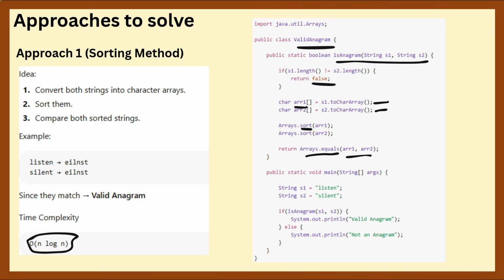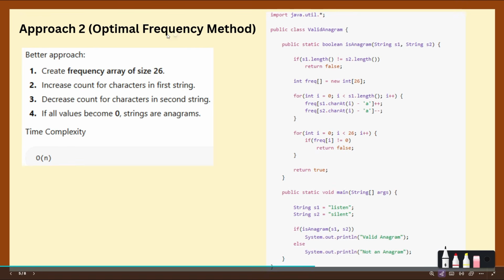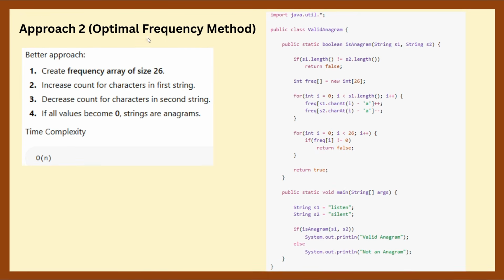Now let's see which is the best one. This is the optimal frequency method. In this approach, we create a frequency array of size 26 and traverse both the words one by one. In the first word, we increase the count for the characters, and next we decrease the count for the characters in the second string.